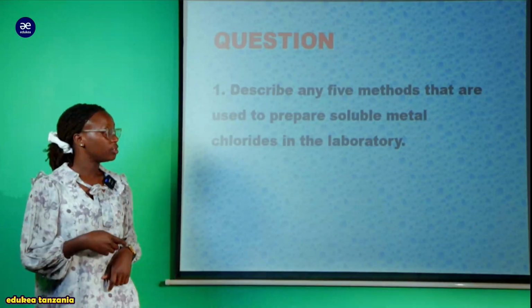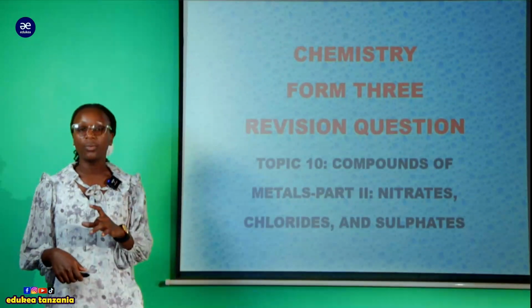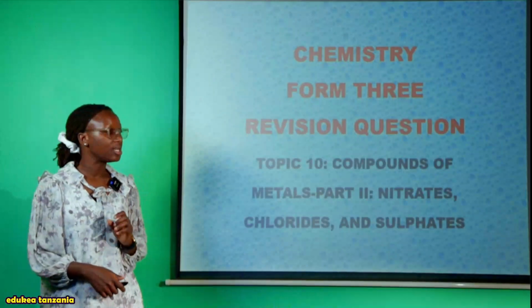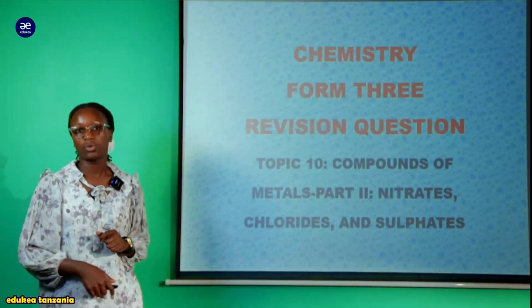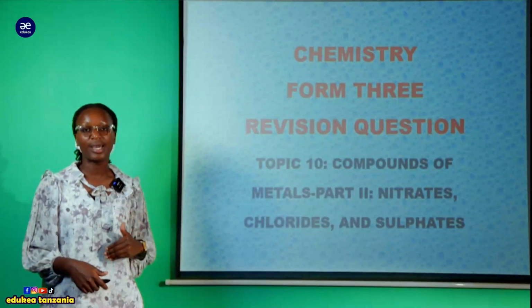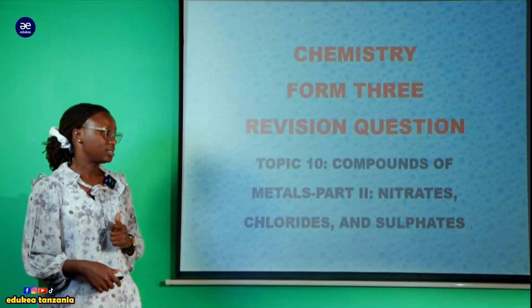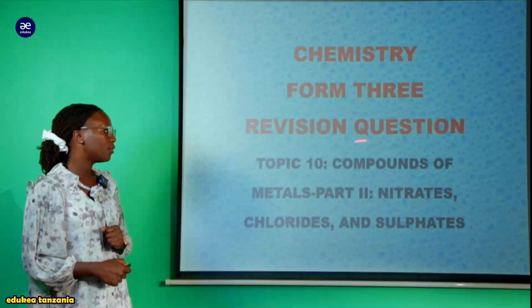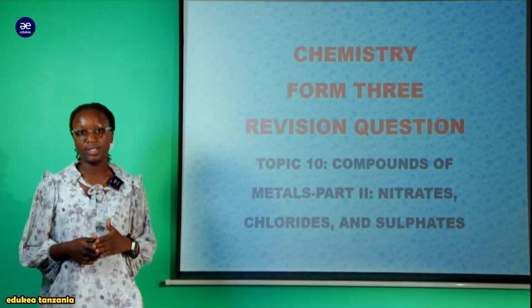Something you have to note is that in these compounds of metals part 2, we are dealing with the nitrates, compounds ambazo zinahusisha nitrates, lakini pia chlorides as well as sulfate. Kule kwenye part 1 tulikuwa tunaangalia compounds of oxide, hydroxide, hydrogen carbonate, lakini pia na compounds of carbonates. Here we are just looking at the theory concept ambapo ni compounds of nitrates, chlorides and sulfate.